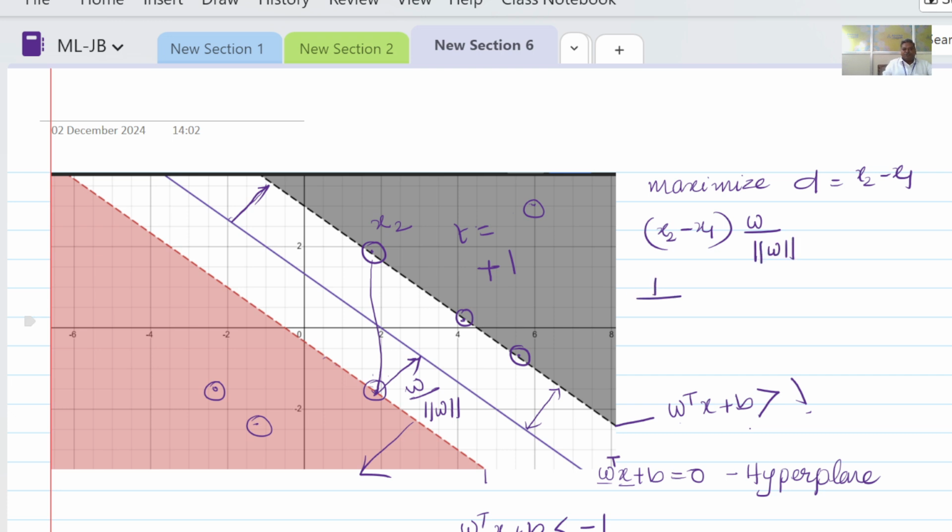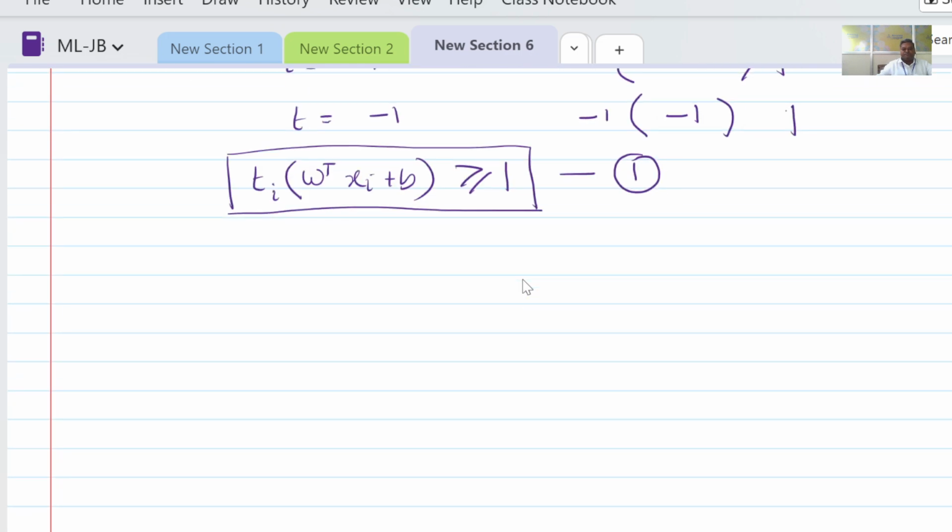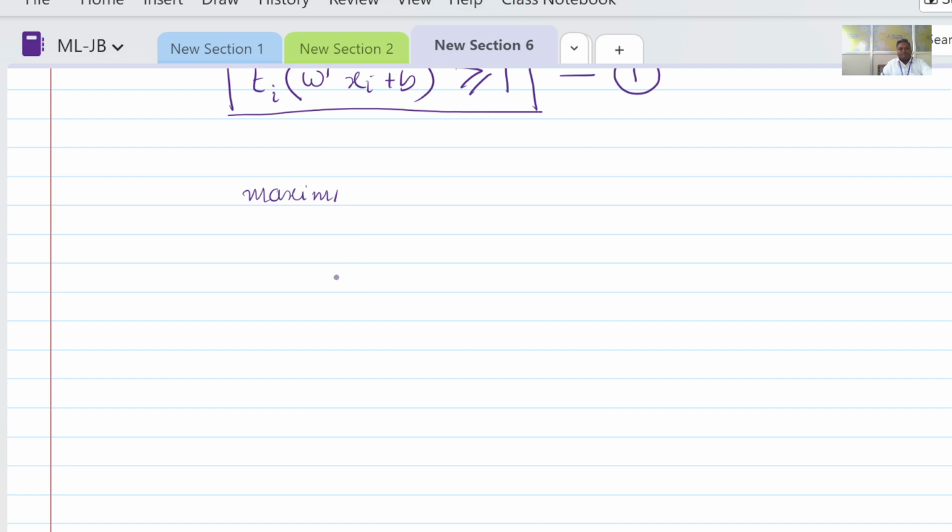This is equal to 1 by magnitude of W into Wx2 minus Wx1. I want to maximize 1 by magnitude of W into Wx2 minus Wx1. If you remember, x2 belongs to the positive class.